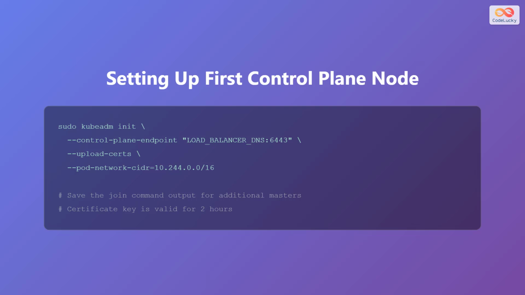The pod network CIDR defines the IP address range for pods and must match your chosen CNI plugin requirements. After running this command, save the output carefully. It contains the join command and certificate key needed for adding more masters. Note that the certificate key is only valid for 2 hours for security reasons.